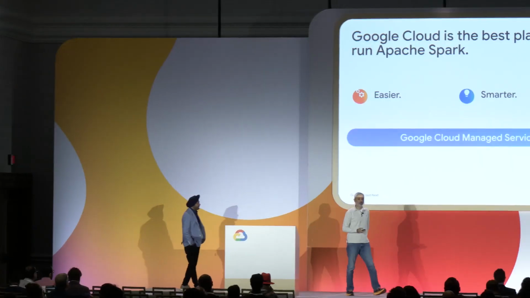All right, so just to recap, Google Cloud is the best place to run Apache Spark. Why do we claim that? First, we have made it easier to use. Starting with the development experience, we looked at how you can bring in your VS Code and use our agentic kit and start developing more easily. We talked about integrating with Gemini and enabling you to do all kinds of agent development on it.